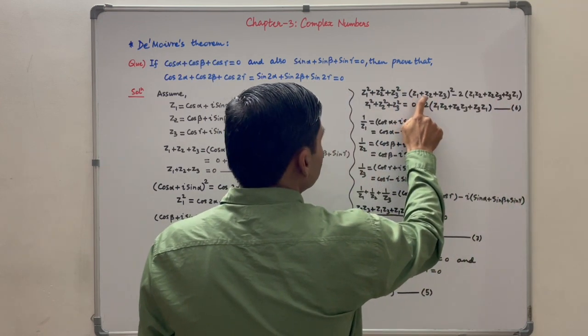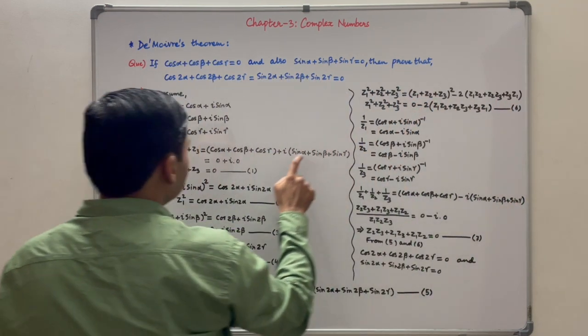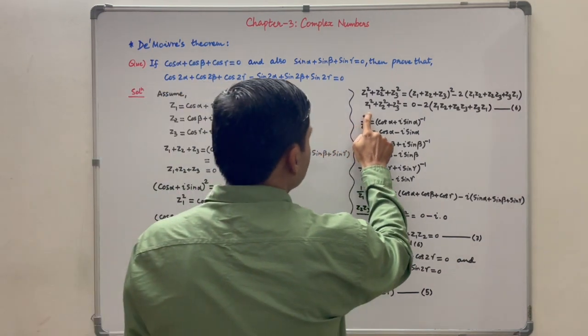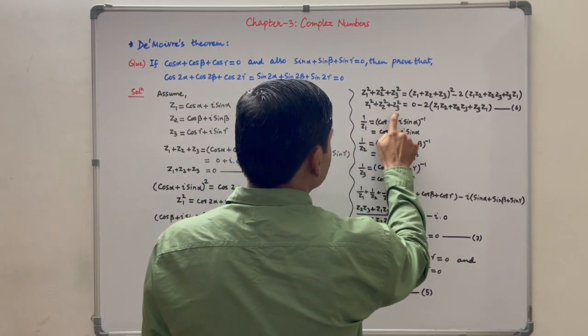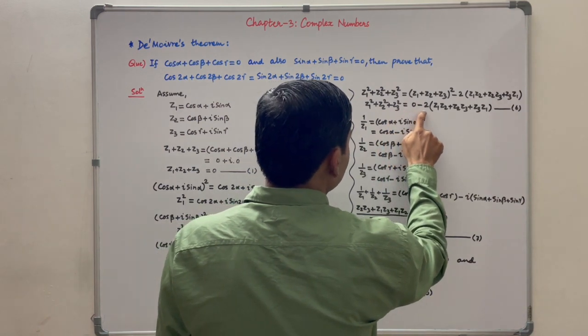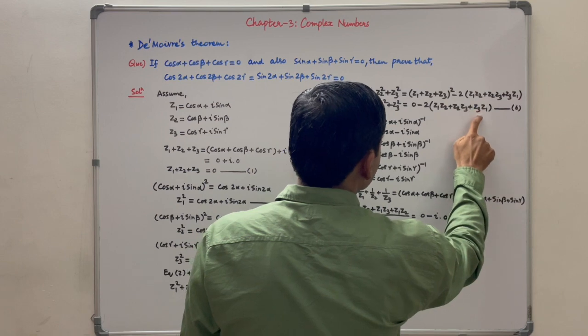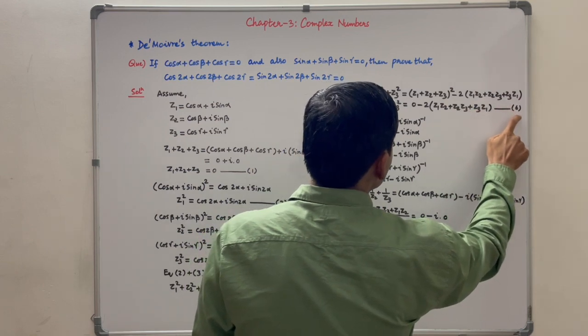Value of Z1 plus Z2 plus Z3 is equal to 0 from equation number 1. So Z1 square plus Z2 square plus Z3 square is equal to minus 2 into Z1 Z2 plus Z2 Z3 plus Z3 Z1. This is equation number 6.